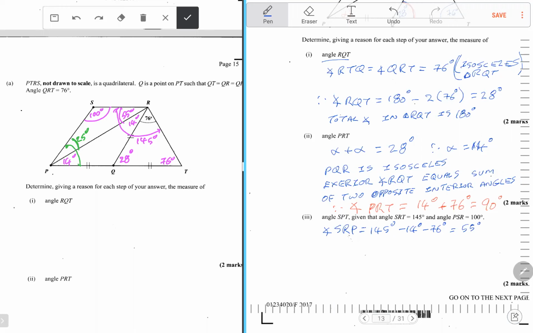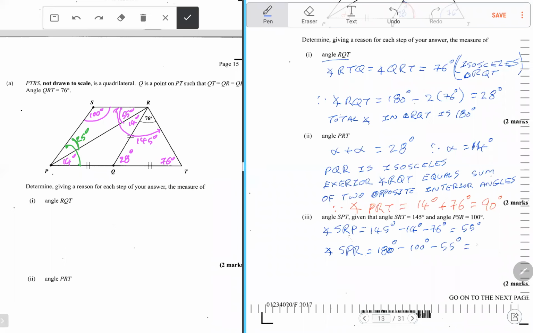And then the angle of 25 degrees. We get the 25 degrees because they told us that the angle there is 100 degrees. So we're going to say angle SPR, the 25 degrees that I'm showing on the diagram, is equal to 180 degrees minus the 100 degrees that they gave us, and also minus the 55 degrees that we got in the triangle, because total angle of the triangle is 180.